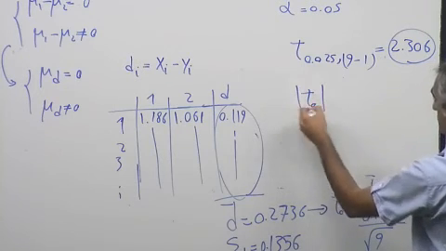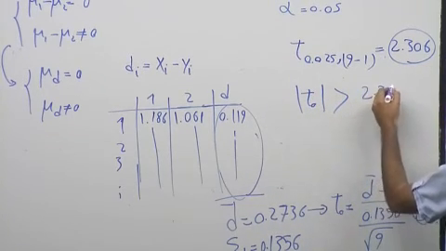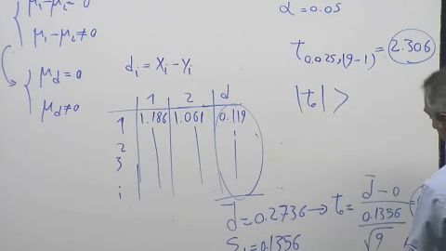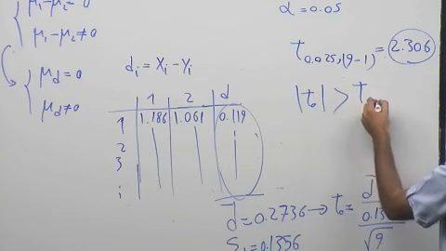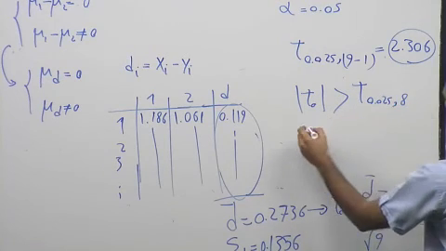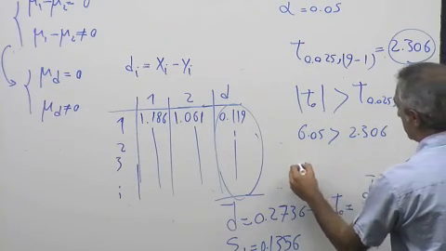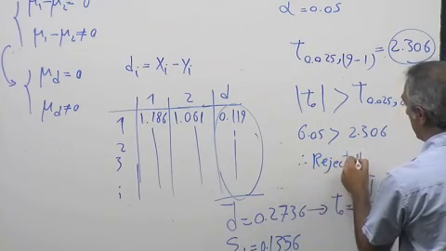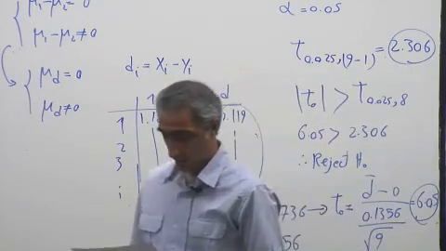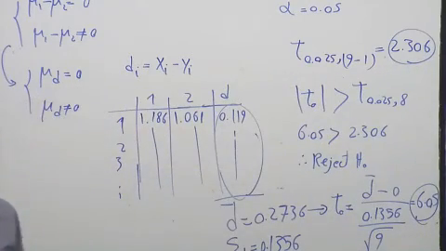Your t0, the absolute value, is greater than 2.306, since 6.05 is greater than 2.306. Therefore, reject H0, and these two methods are not equivalent. Okay? Any questions?